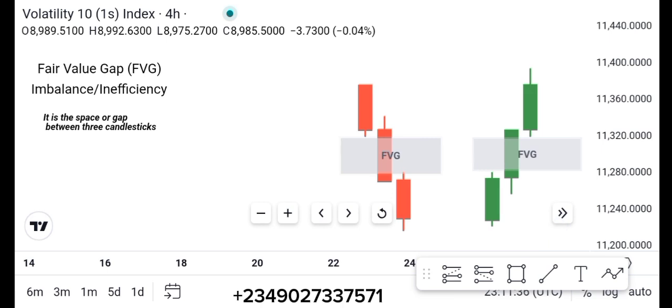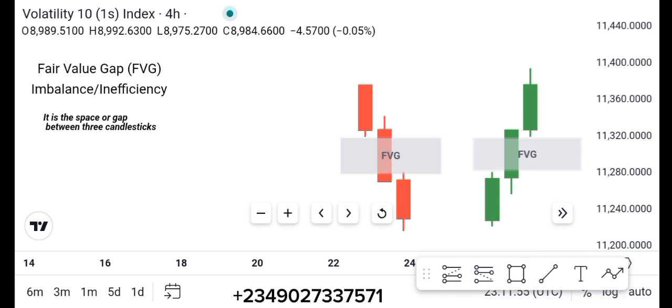So here are the details of the fair value gap. In short form we call it FVG, or imbalance, or inefficiency. So what's the definition of a fair value gap? It is the space or gap between three candlesticks.